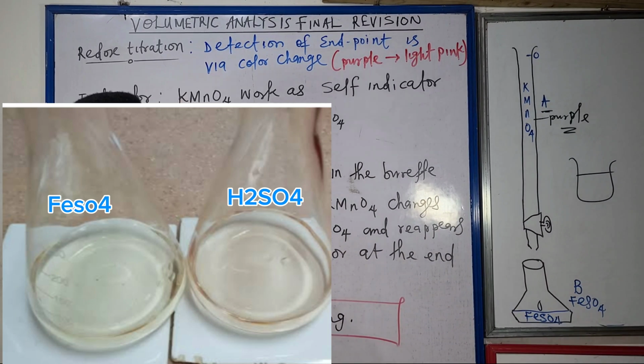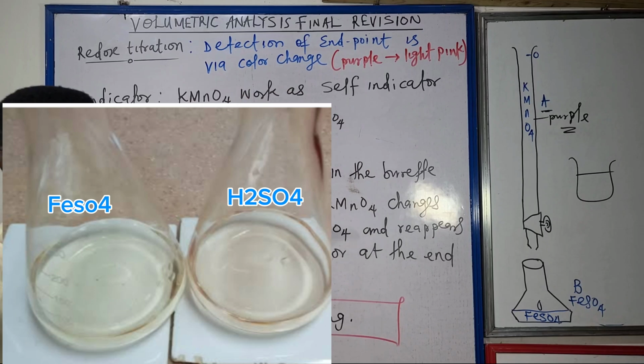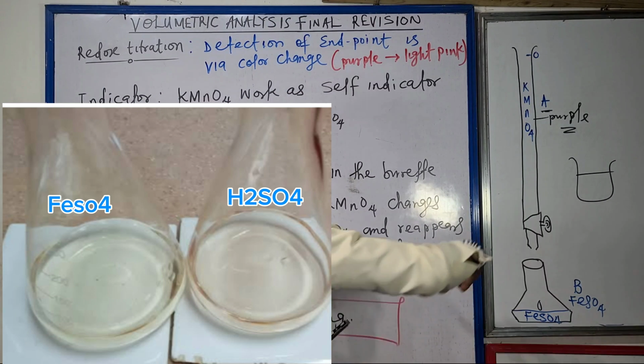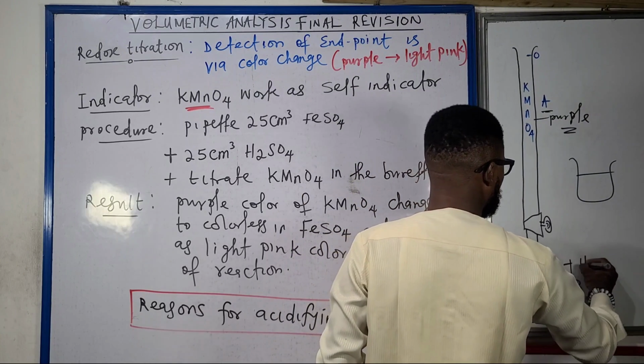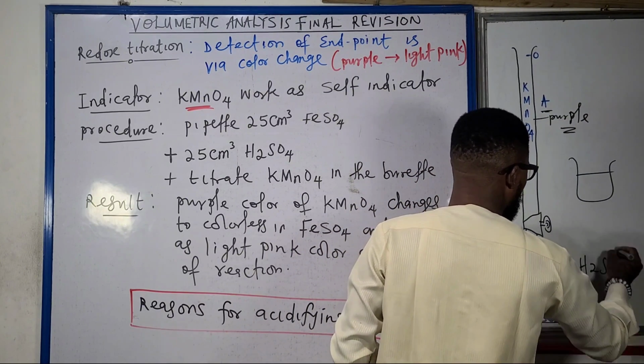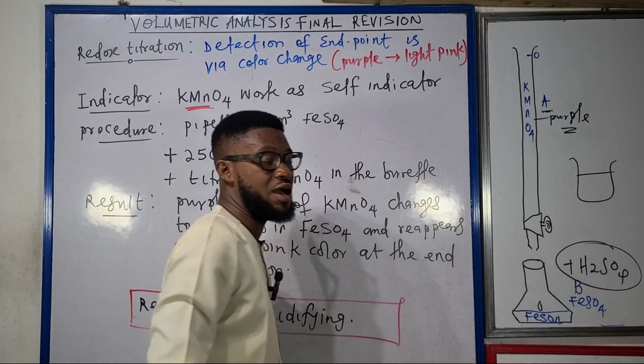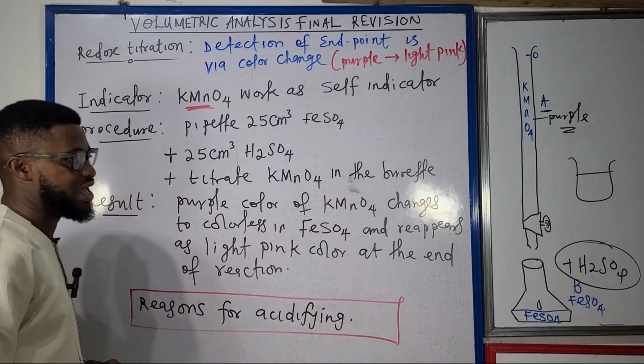But looking at what the question usually looks like in this redox reaction, the procedure is that you pipette a known volume of iron sulfate. After the pipetting, before you run in your KMnO4, you must add your H2SO4. Why are we acidifying? I'm going to talk about that shortly.